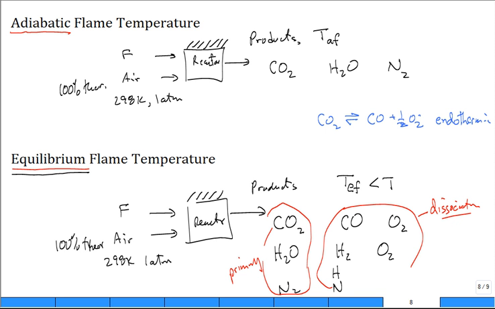All right? Likewise, all these other reactions that I wrote down, like H2O to H2 plus 1/2 O2, that's endothermic. Another way to look at it is if I had CO, I could actually put that into a reactor as if it's fuel and burn it, and it would release heat.